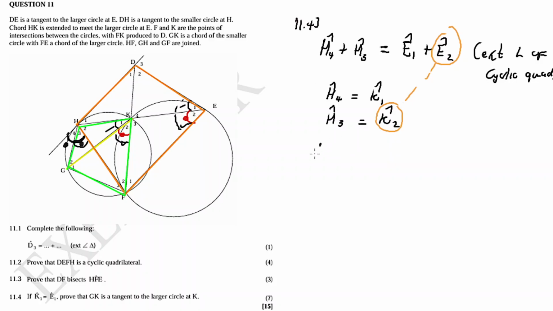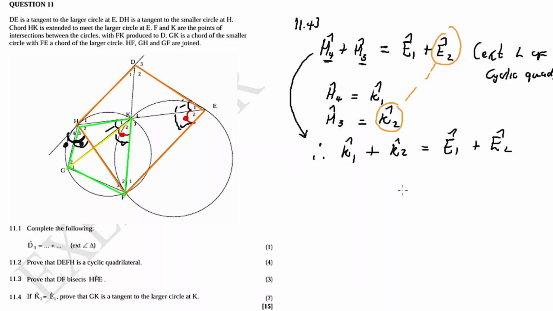So I'm going back to this equation: where I have H4, I'm going to replace it with K1. This is the equation I'm talking about. Where I have H3, I'm going to replace it with K2, equal to E1 plus E2.